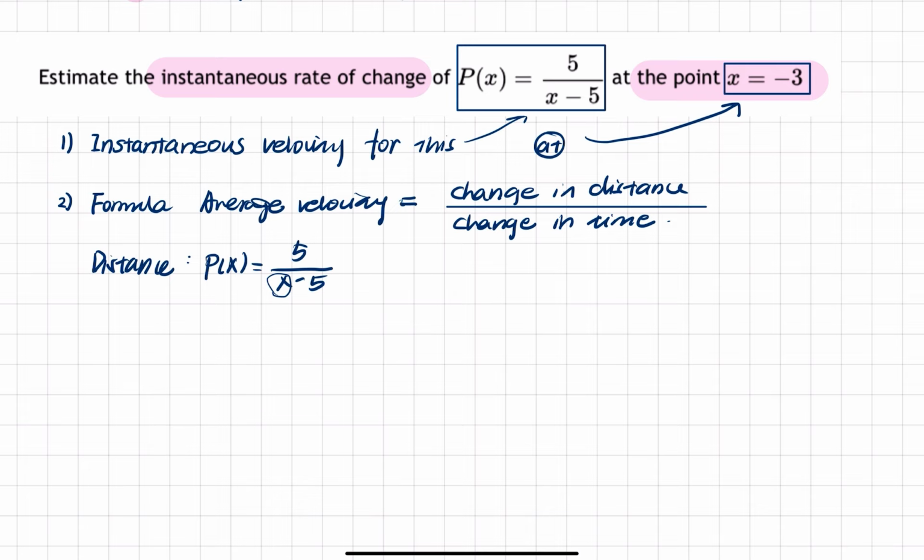So we're having our first x value, which is x equals negative 3. And according to the formula for average velocity, we need to find the difference between 2 points.